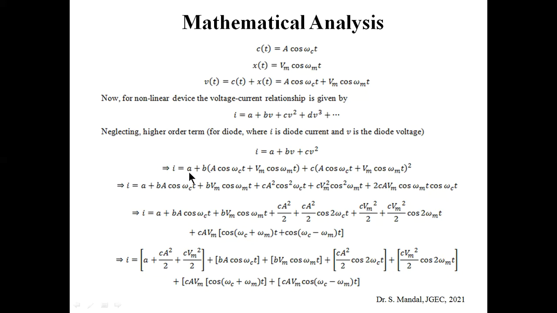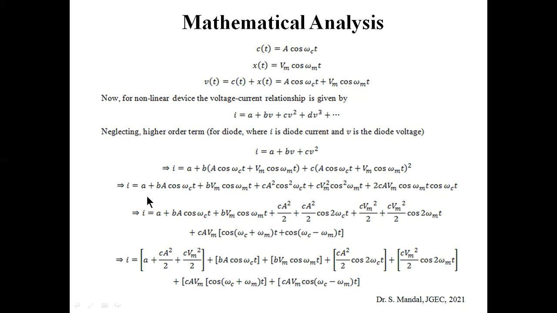So the current can be written as I equal to, by substituting V equal to A cos omega ct plus Vm cos omega mt, a plus b into A cos omega ct plus Vm cos omega mt plus c into A cos omega ct plus Vm cos omega mt whole square.